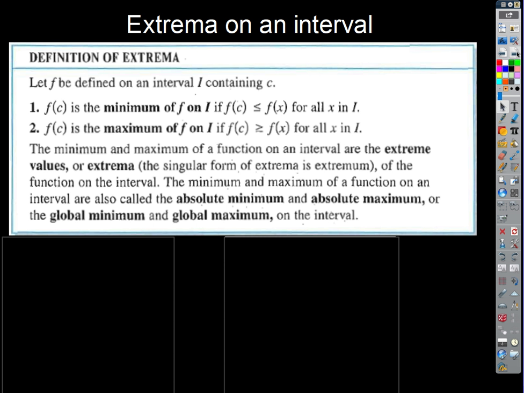So, extrema for us in math, if f is some function that's defined on an interval I, right? And when we say an interval I, it's just some values of x that we're specifying.